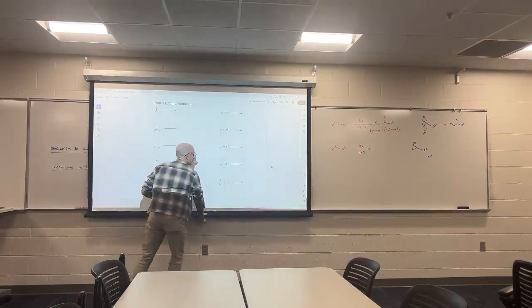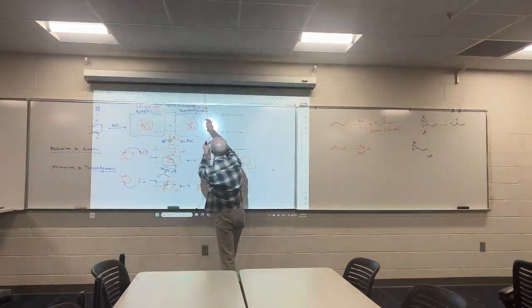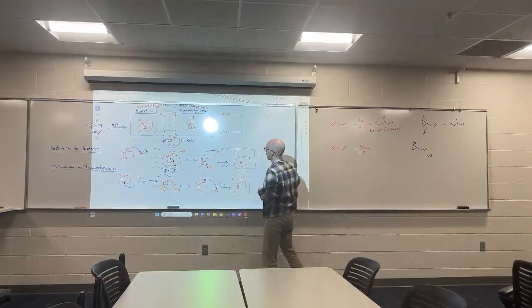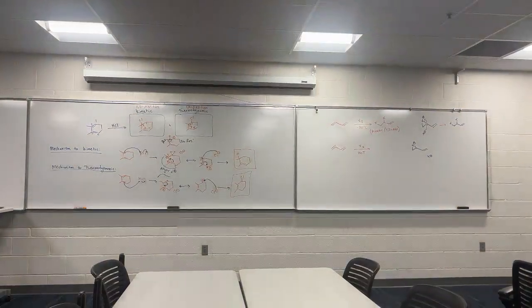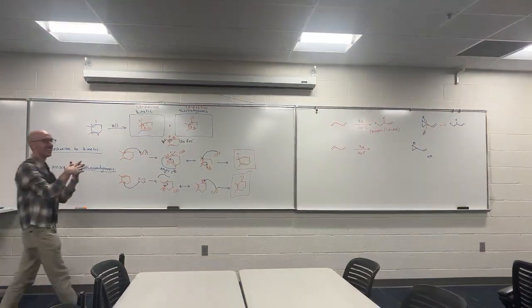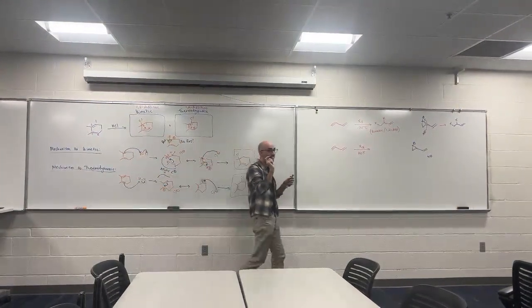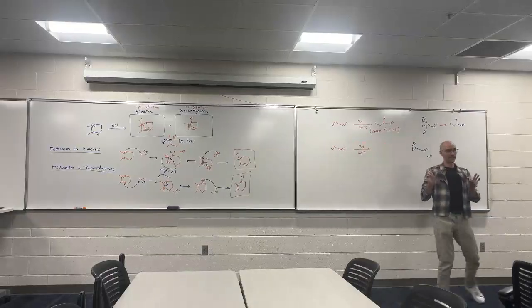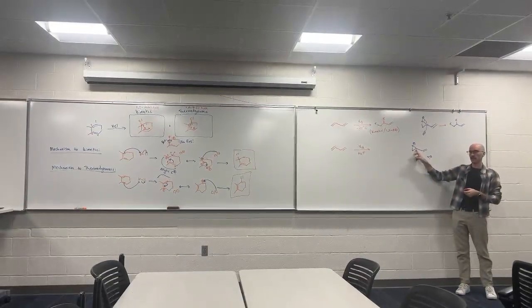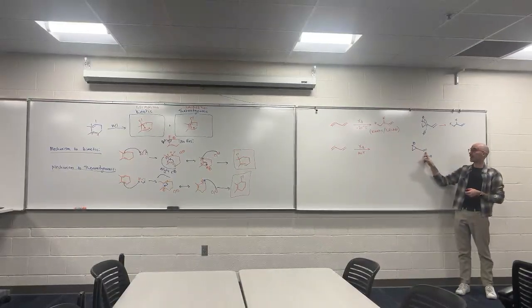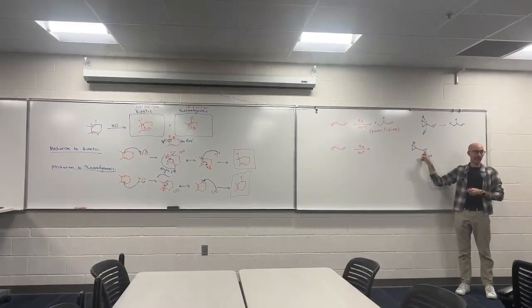But just like we saw with our HX addition, this halonium ring intermediate is almost conjugated. It doesn't actually have an empty p orbital here, but it has some strange interactions with this alkene.